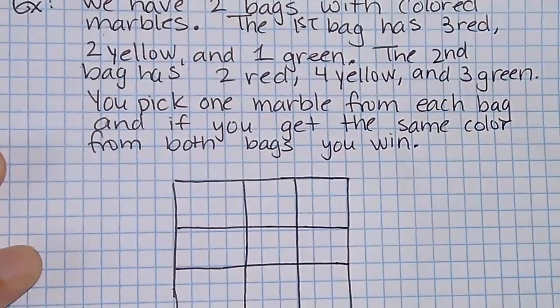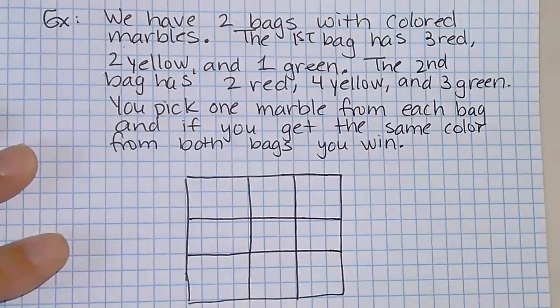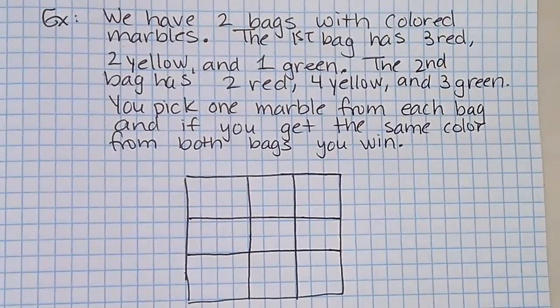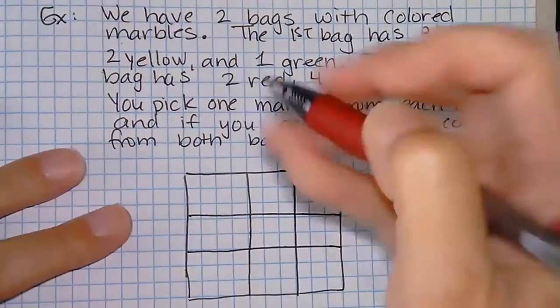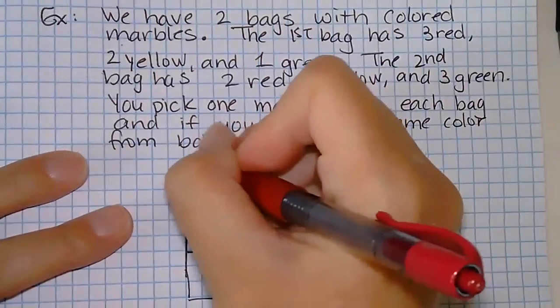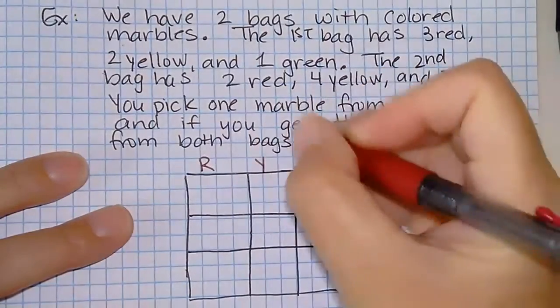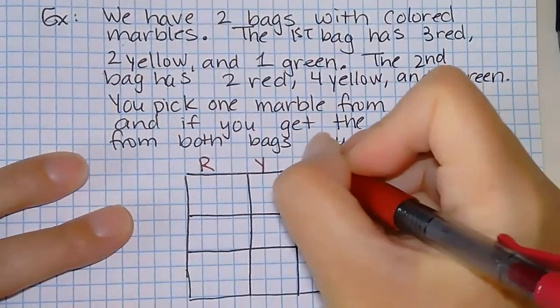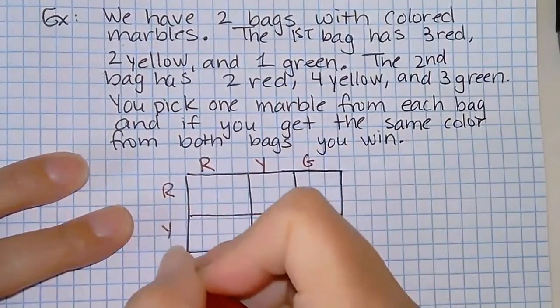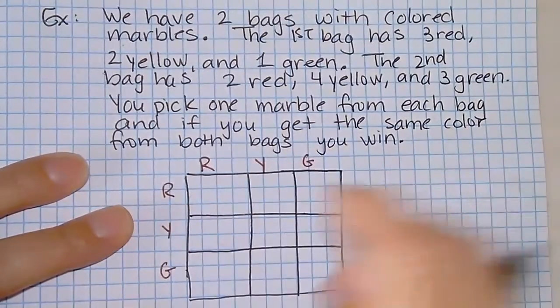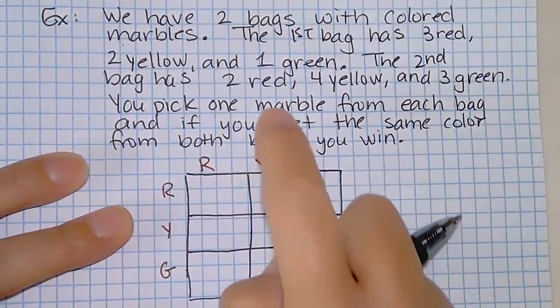Let me zoom out a little bit. Okay. So let's say I've got red, yellow, green, and then red, yellow, green. Let's say that this is bag 1.